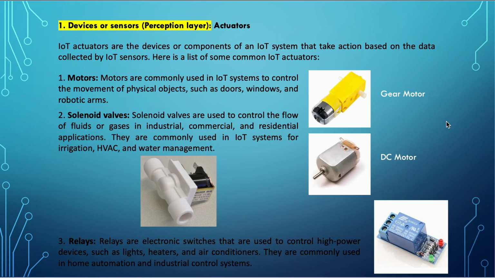Okay, we talked about sensors and what types or categories of sensors there are. From that, there's the second part of the perception layer, or the hardware layer, of IoT, which is actuators. IoT actuators are the devices or components of an IoT system that take action based on the data collected by IoT sensors.